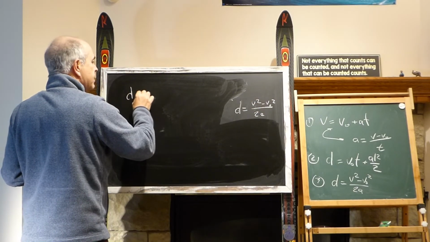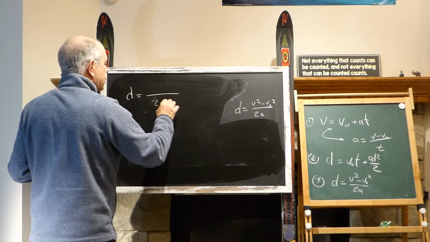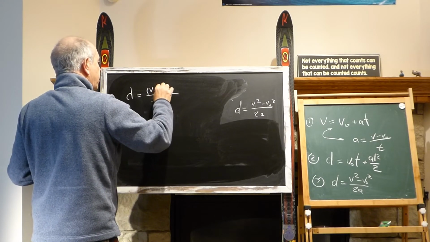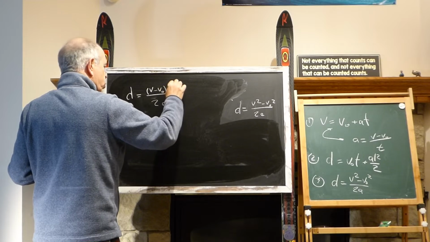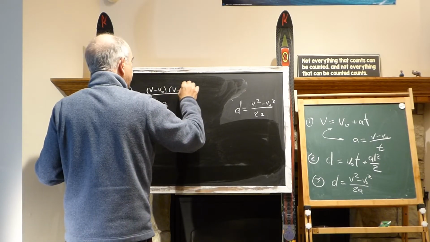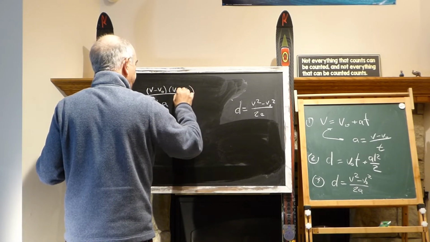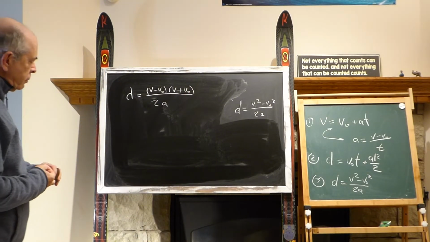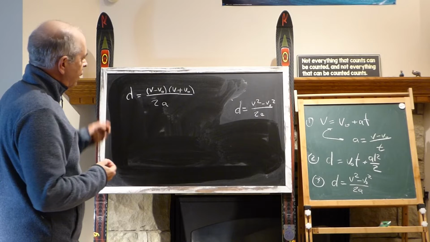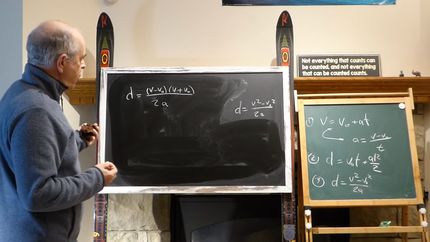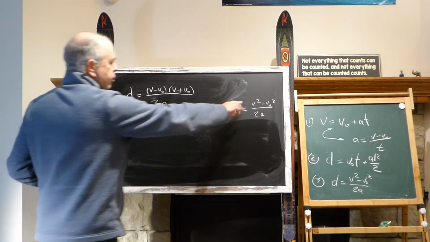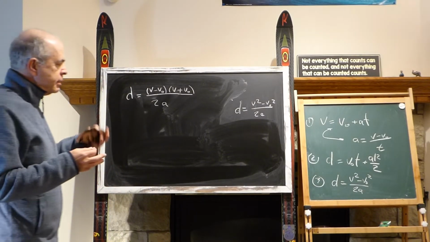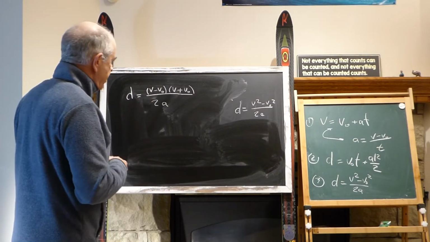There is a formula in math, and this formula is very simple. It's v minus v0 multiplied by v plus v0. So basically, if you open brackets, you receive this. So far, no physics, just math.